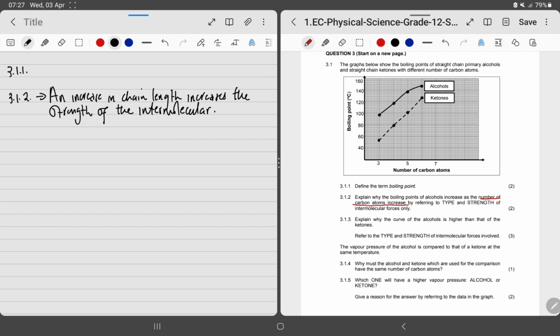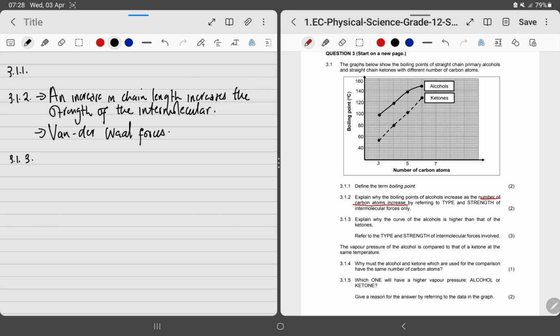And in this instance, the type of intermolecular forces that we are talking about is the van der Waals forces, or you can say the London dispersion forces.